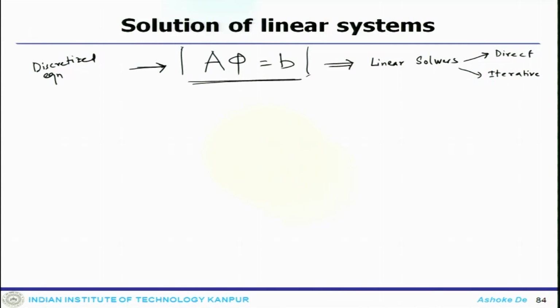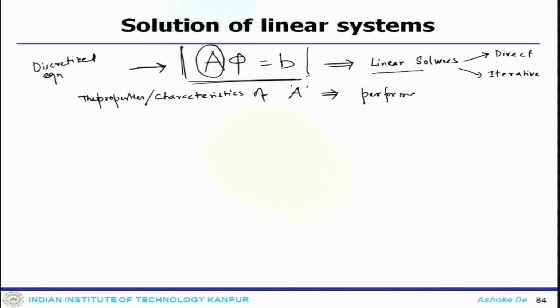In both cases, whether direct or iterative, it all depends on this key element A. The properties or characteristics of A would directly impact the performance of the linear solver.